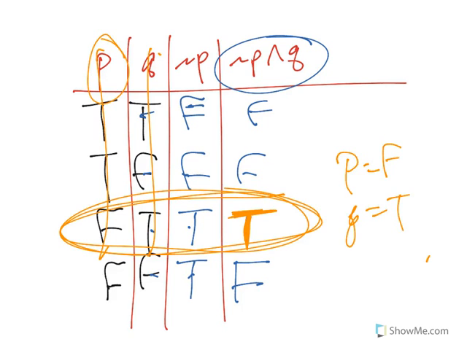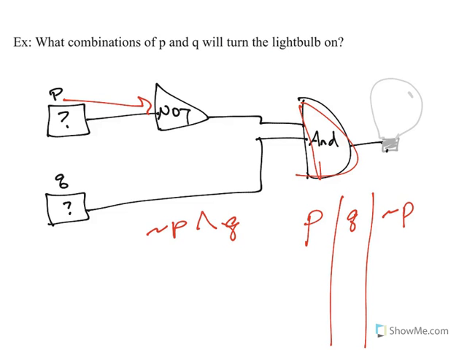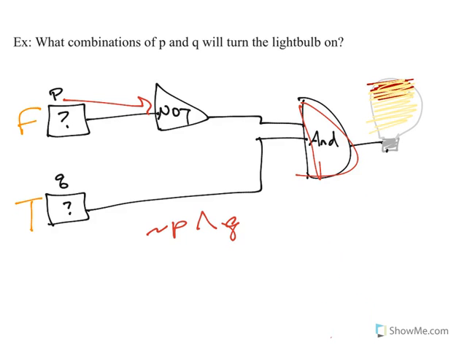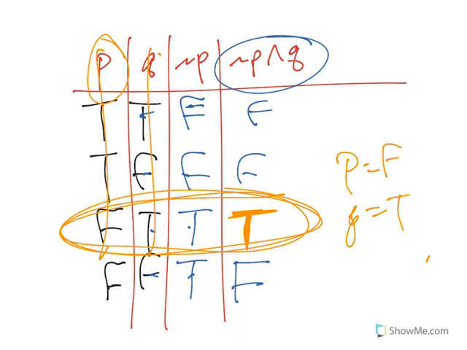And that's what we want. We want the circuit to be true so that the light bulb shows up. So if P is false and Q is true, my light bulb will light up. That's what I know based off of the truth table, right? That's the idea that we're looking at of what makes this true.